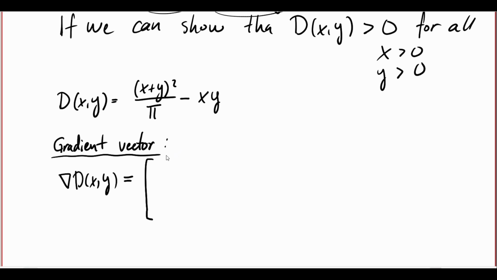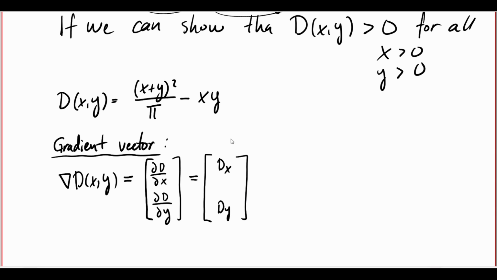So write partial d over partial x and then partial d over partial y. And this can be written more simply like this: d x, d y.